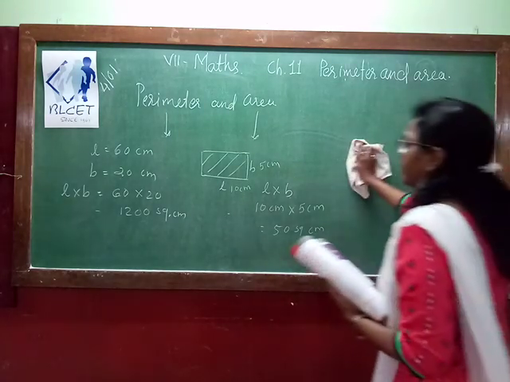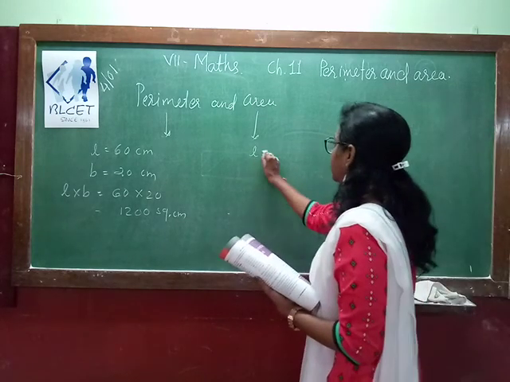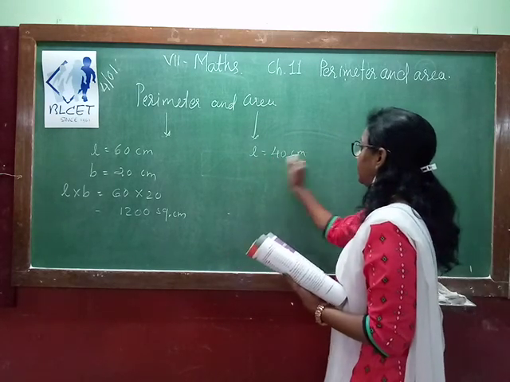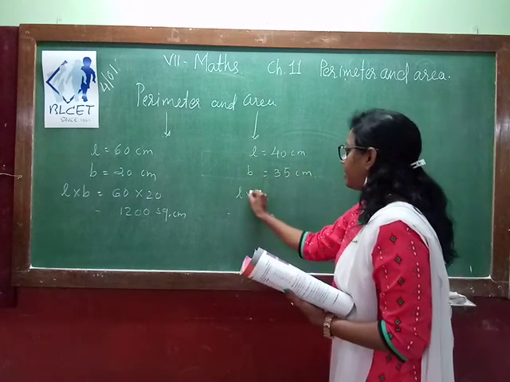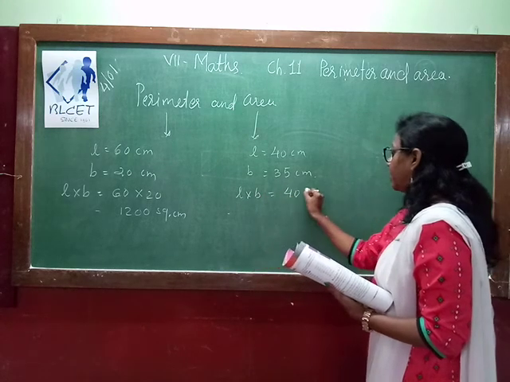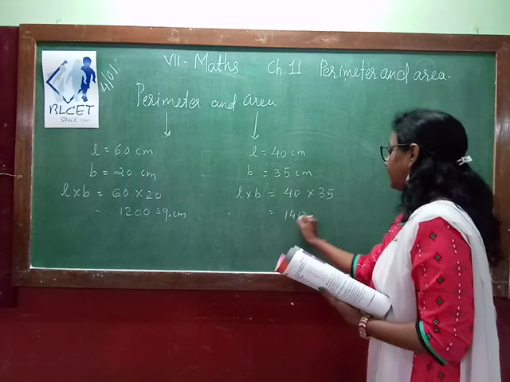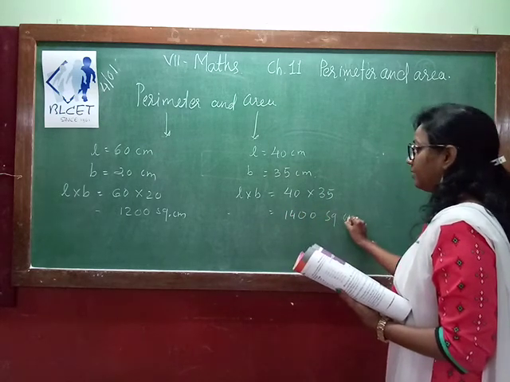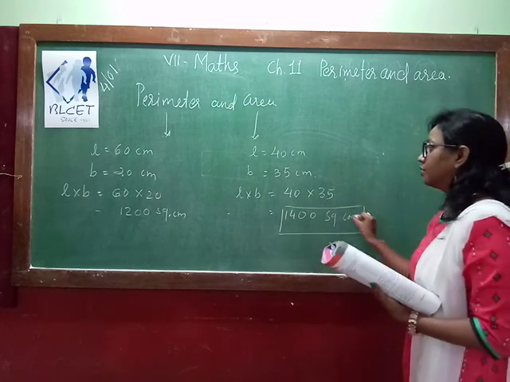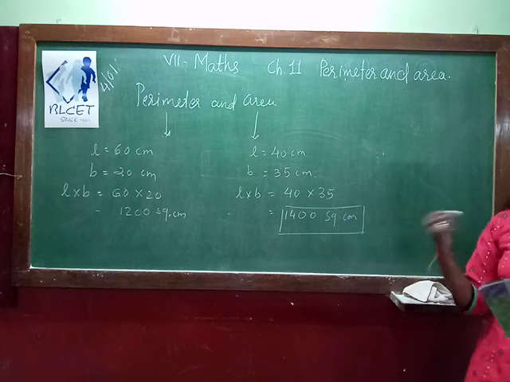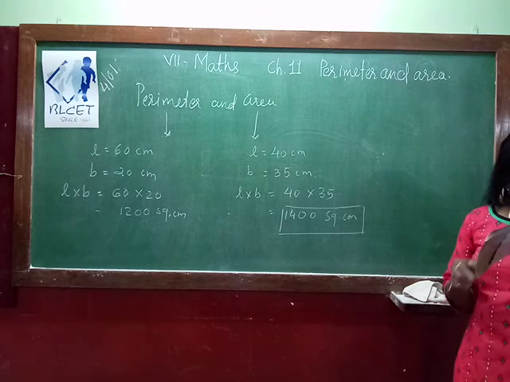Let's see who pays more. Area L into B is equal to 40 into 35, 1400 square centimeter. So whose area is more? Obviously Diksha's. So Diksha has to pay more rupees to laminate that particular rectangular region.